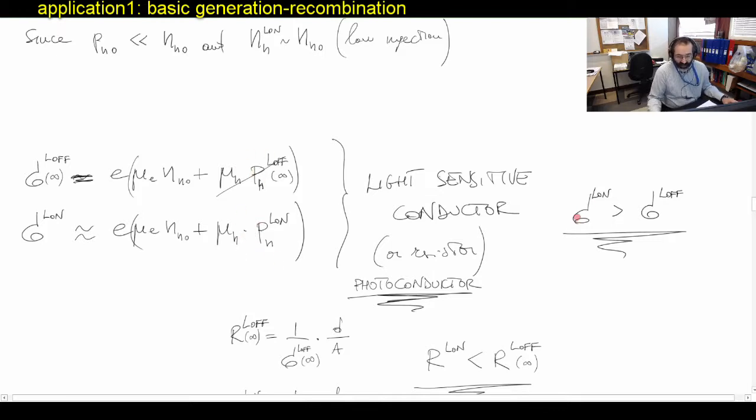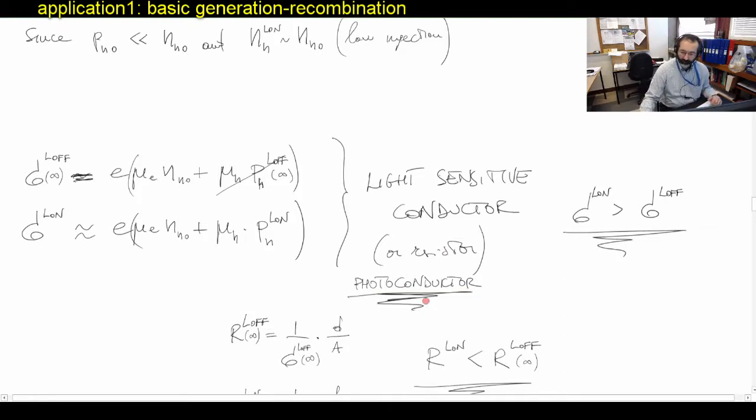So we see that sigma when the light is on is definitely bigger, because this quantity is obviously positive, than sigma when the light is off. So effectively we have a light sensitive conductor here that can change its conductivity depending on whether the light is on or off. So this is effectively a photoconductor. With a semiconductor we can make a photoconductor.